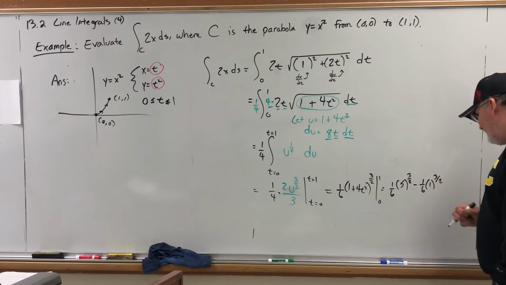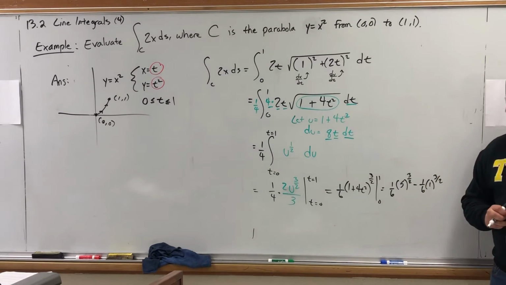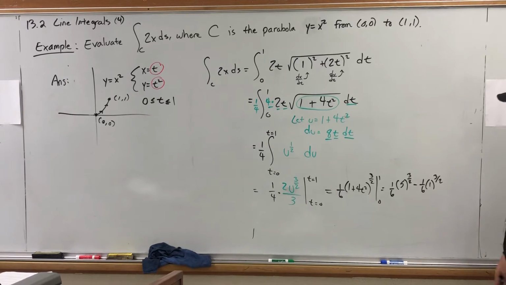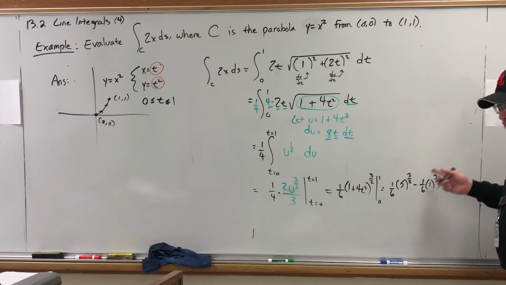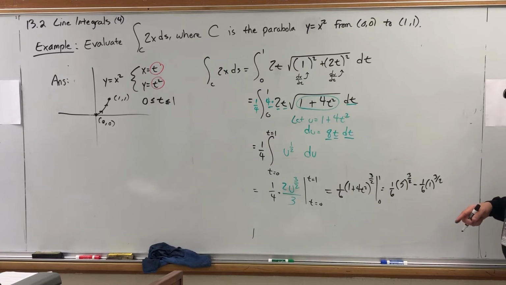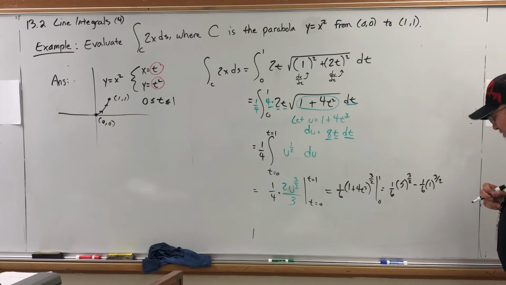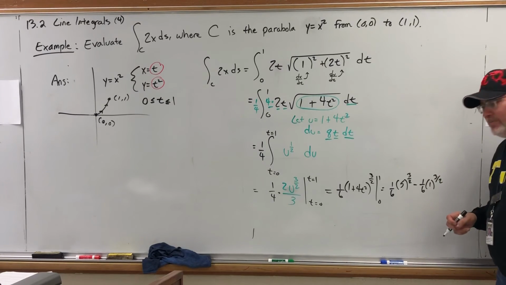And at this stage of the game, you're expected to simplify things completely. 1 to any power is 1, so the subtrahend, the second part of the subtraction problem, is just 1/6.